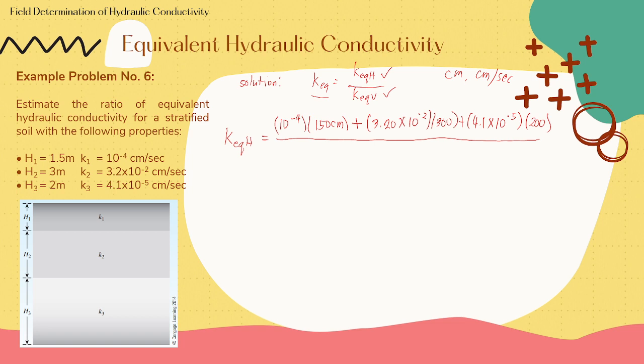And this is already the total thickness, so 150 plus 300 plus 200, or 650. So we can get 0.0148 centimeters per second.